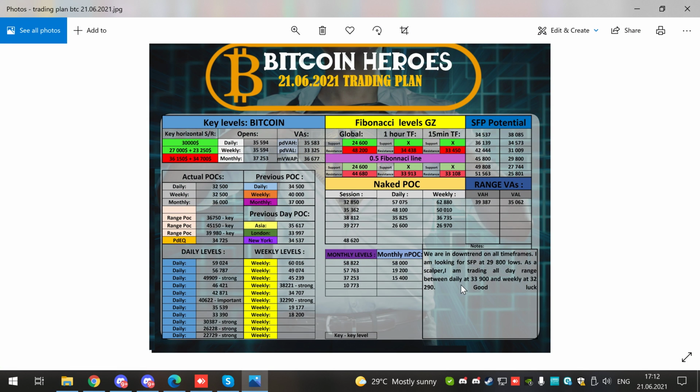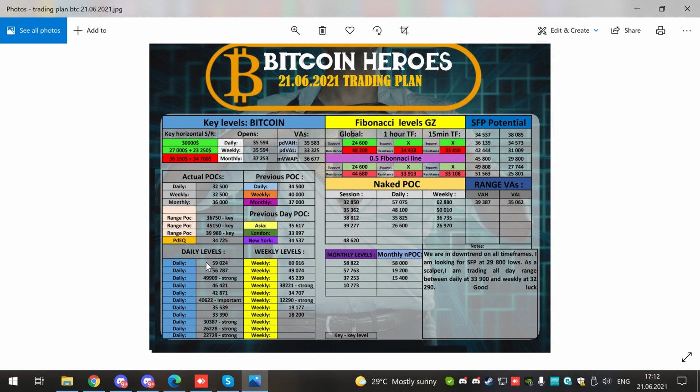And the last thing, I will always be writing here what I think about the current market today and my plan, as a scalper or day trader. I think I explained all the levels. Really, most levels here on the trading plan are important.